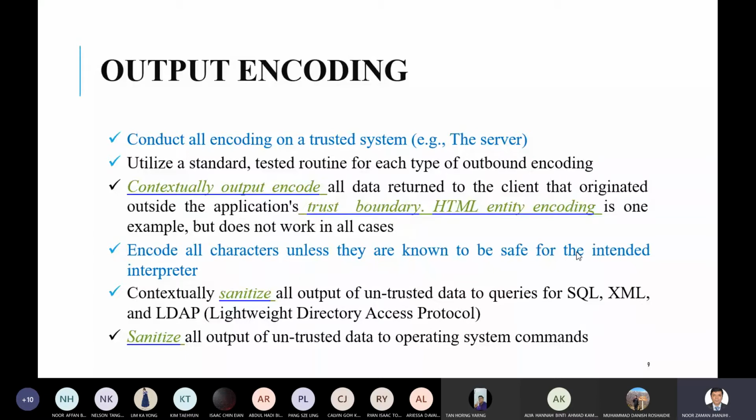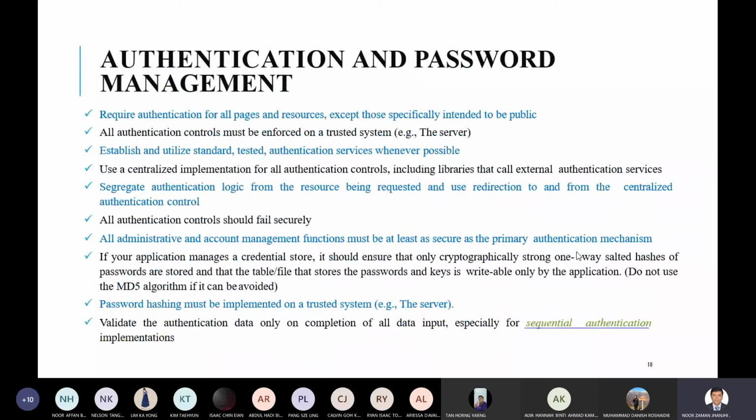So we need to make sure about output encoding, not only the input but the output as well. We need to sanitize all of the output of the untrusted data to the operating system commands. We need to make sure that all of the aspects of output encoding are intact, and that the input validation that we just discussed is intact.